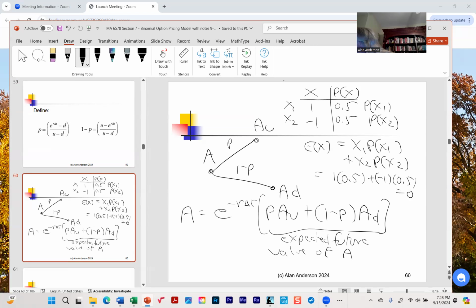And so that's what you're seeing here in these brackets: the expected value of this asset A in one time period. And since that expectation occurs one period in the future, the value today must be discounted back to today by the risk-free rate of interest, because it's guaranteed, it's risk-free.